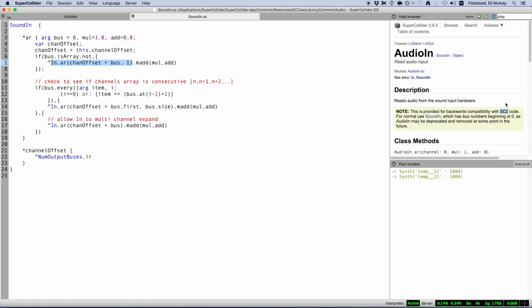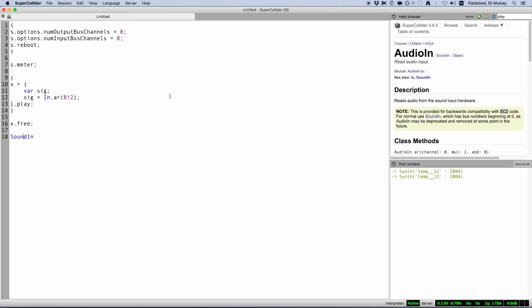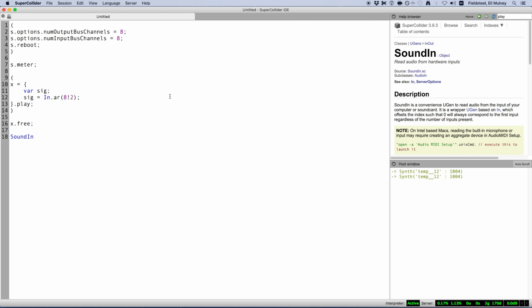The only difference is that it starts counting indices at 1 instead of 0. But the bottom line is, don't use AudioIn. It is a deprecated UGen, which means it's technically usable, but it's considered to be obsolete and only exists for backward compatibility. So the best course of action for you is to avoid it altogether and just use SoundIn instead.